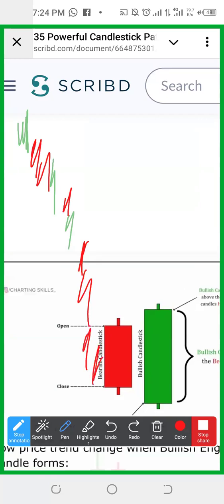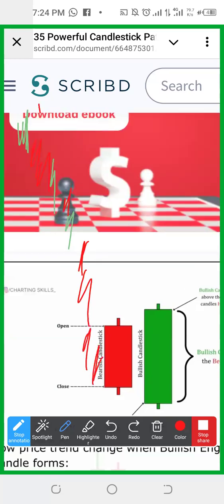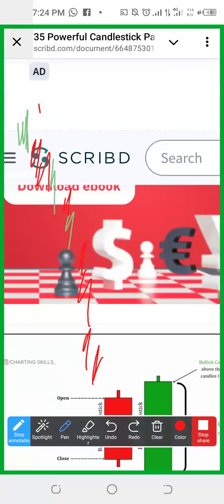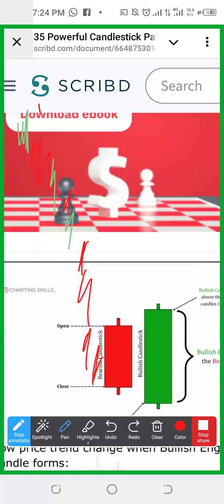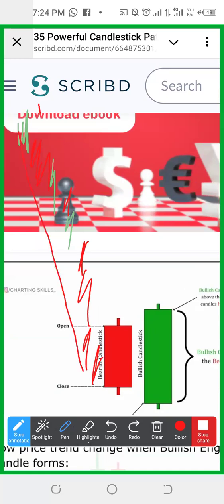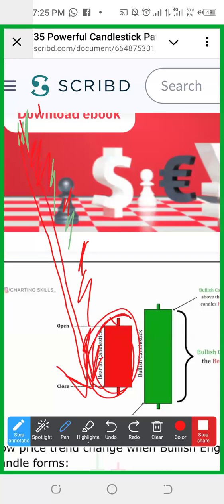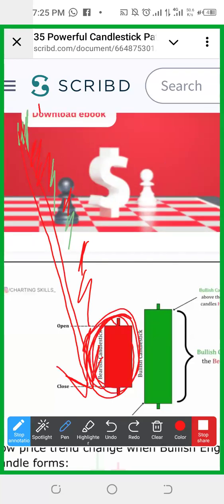So you saw a downtrend coming from up. It started coming from up and it came down to this level here. And this is the last candle after the downtrend, which is the red bearish candle.